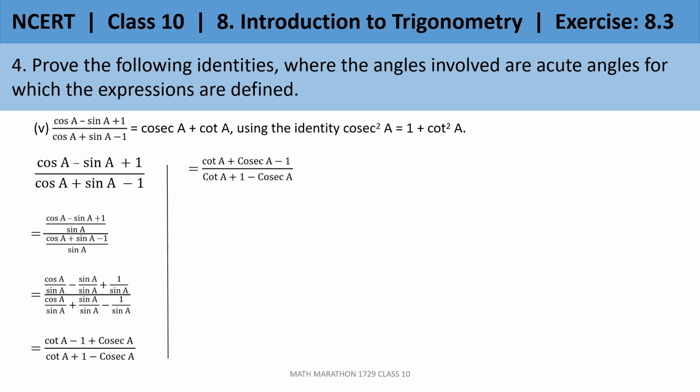Let us replace 1 with cosecant square A minus cot square A. Now, in numerator, we have replaced 1 with cosecant square A minus cot square A.